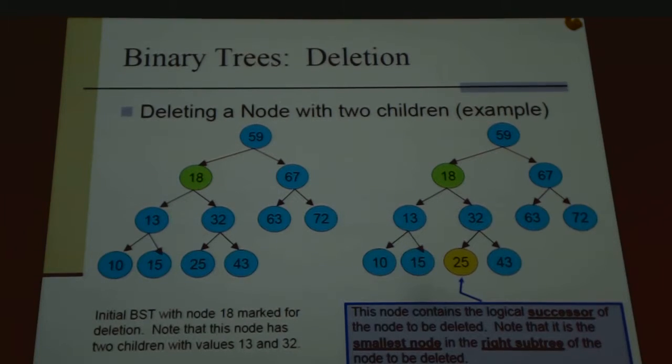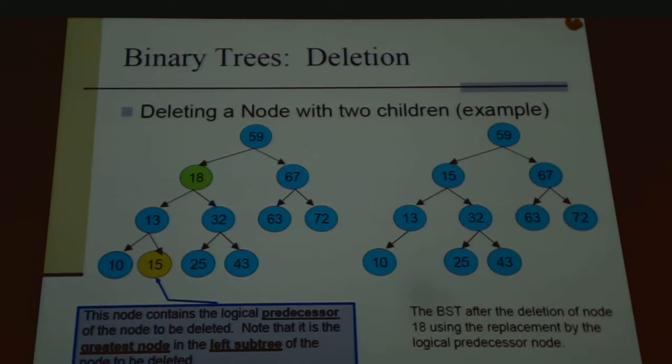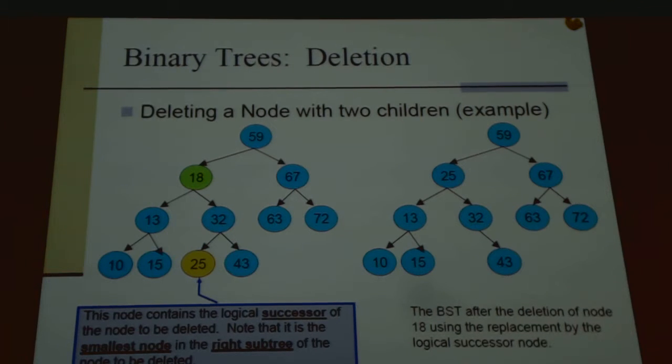So here, when we look at it from a 25 perspective, he would also work because he is the smallest value in the right subtree. So here, he is a logical predecessor to it, and so we can go ahead and look at using him. And then at this point here, it's also a logical predecessor.